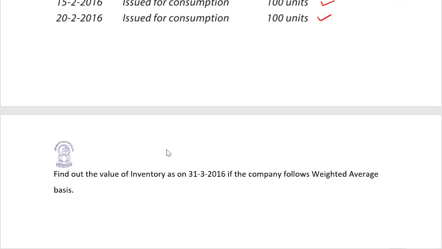Find out the value of inventory as on 31st March 2016 if the company follows the weighted average price method.